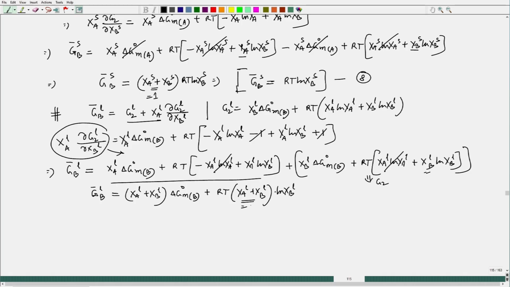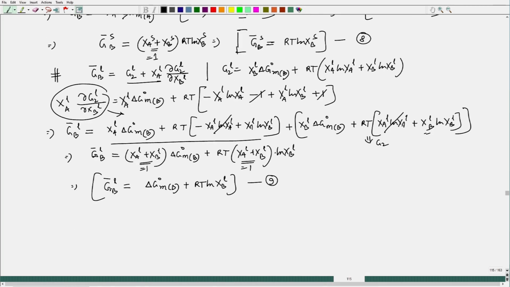So this is equal to 1, and G bar B of liquid equals delta G naught M B plus RT ln XBL. This is another equation, let's say equation 9.